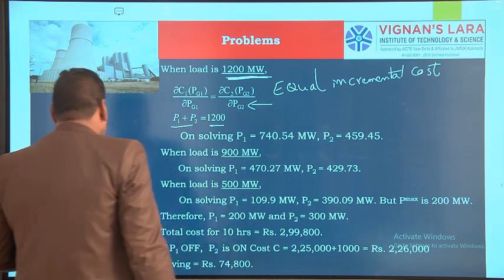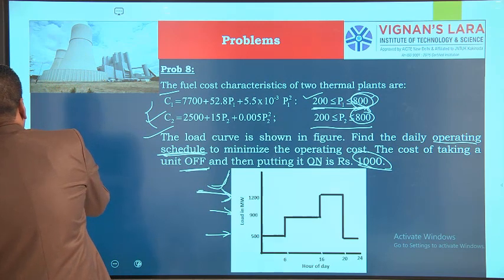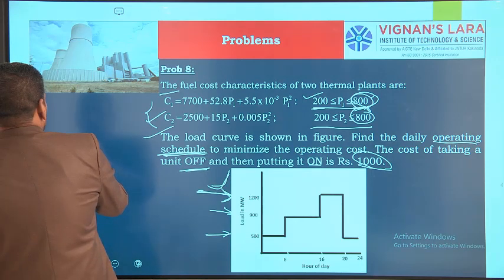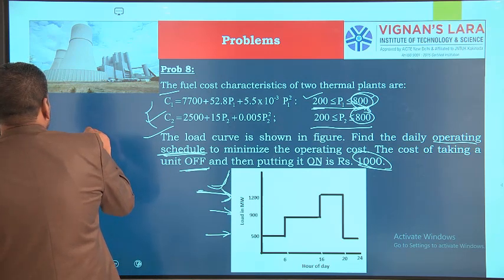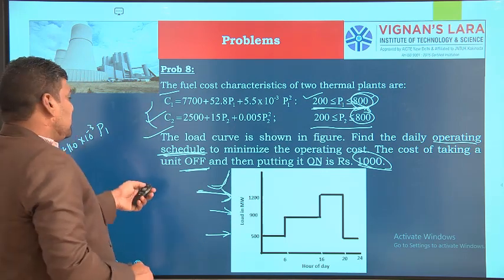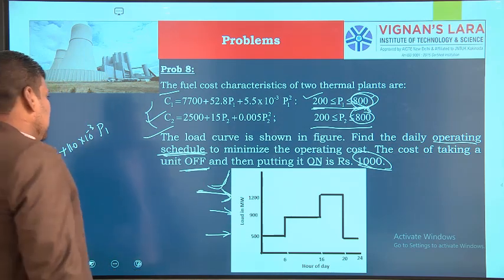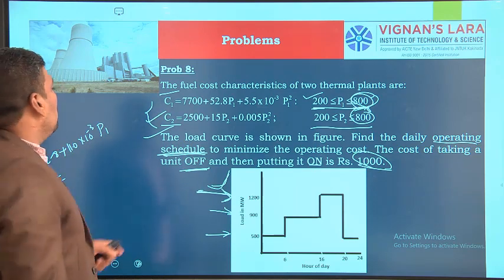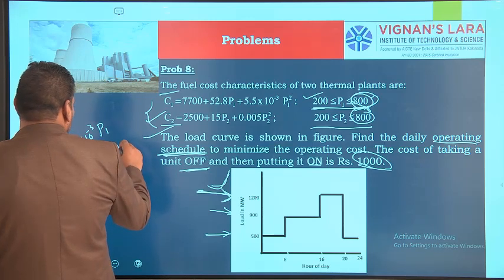So when you solve this, ∂C1/∂P1 is 52.8 plus 5.5 into 2 into 10 power minus 3 P1, is equal to, partially differentiating C2 with respect to P2, 15 plus 0.01 P2.